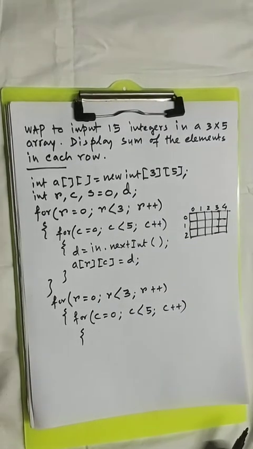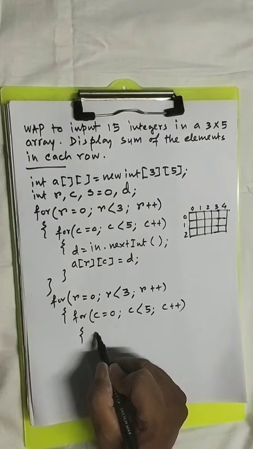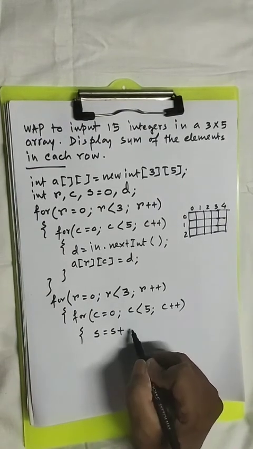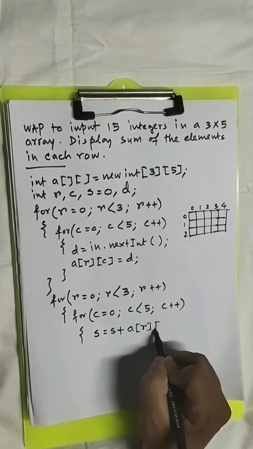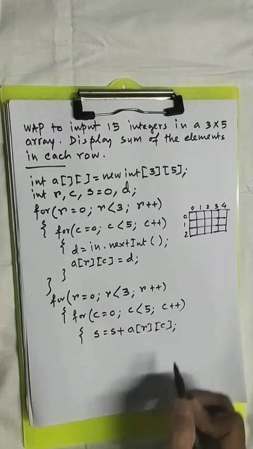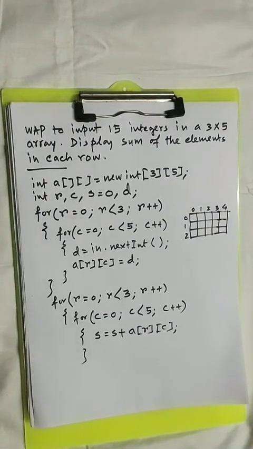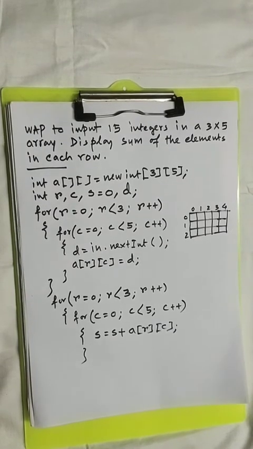Now that means row is remaining fixed and column is changing. s equal to s plus a[r][c]. Then we complete this for loop. That means the for loop which is meant for column is complete.